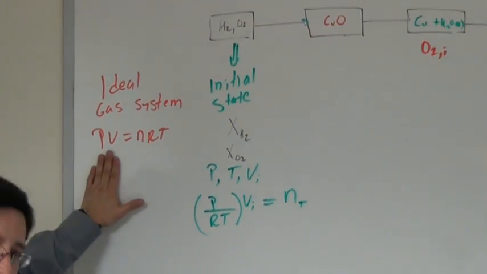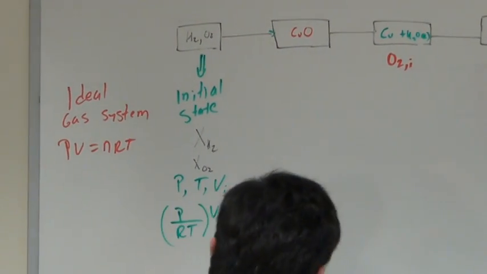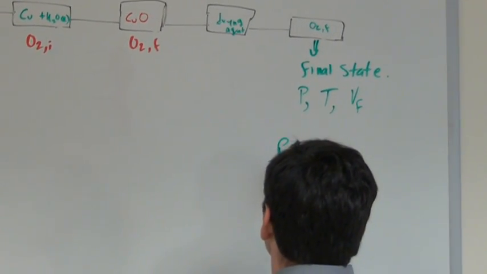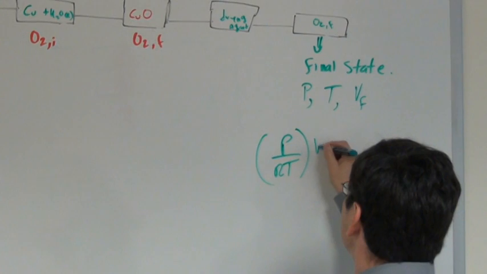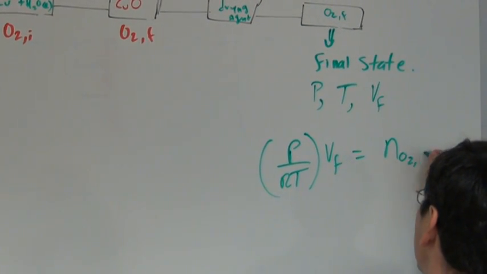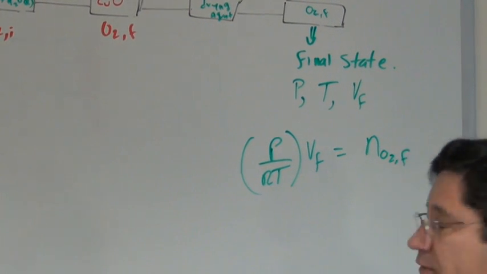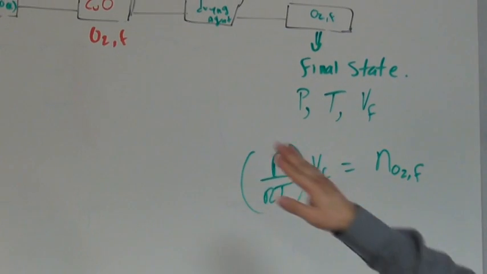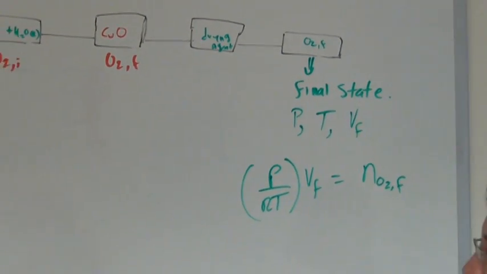If I apply the same equation for the final state, then I will have P over RT times V_F, which is going to be n_O2,F. It gives me the total number of moles of oxygen that remains after this process.